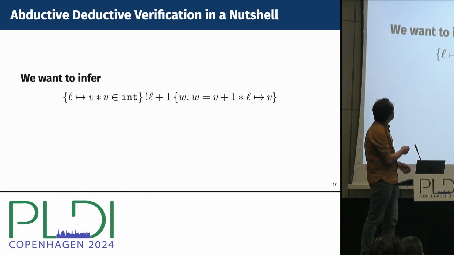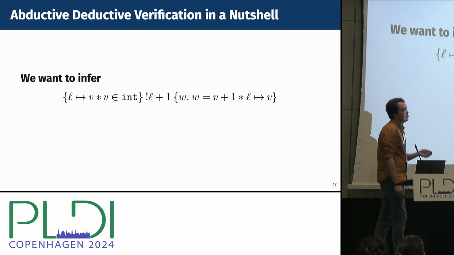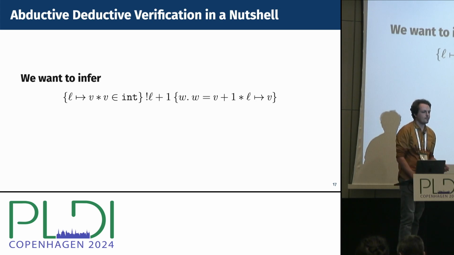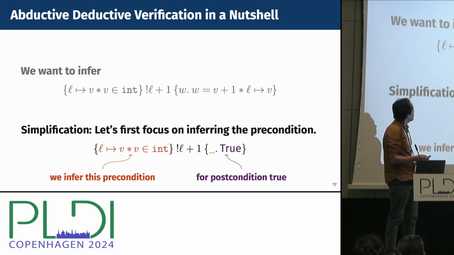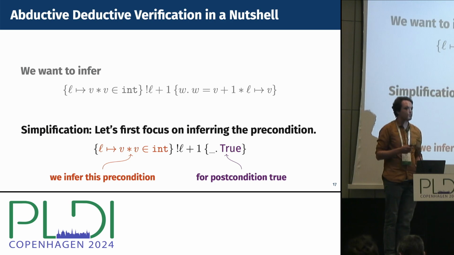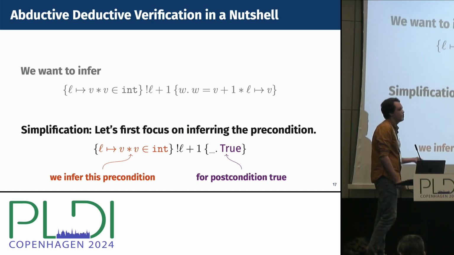We want to infer that if you have a pointer L that currently stores a value V, that's an integer, and you dereference L and add 1 to it, then you get back V plus 1, and afterwards the pointer still stores V. And to simplify matters a little bit for this explanation, we're first going to start with only the precondition. So we're going to infer that L points to V, and V is an integer, and we will, for now, pretend that the postcondition is just true.